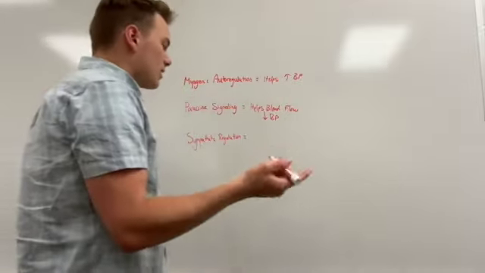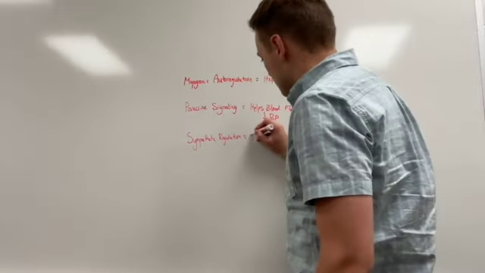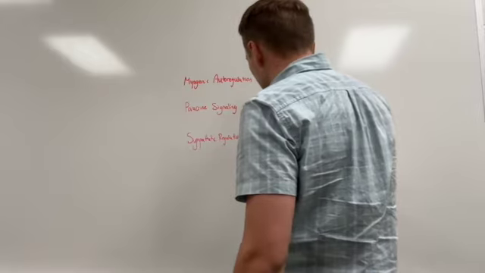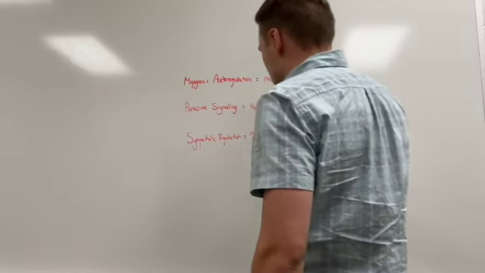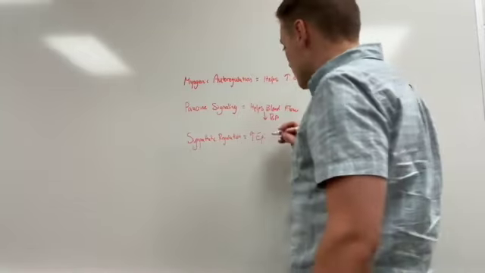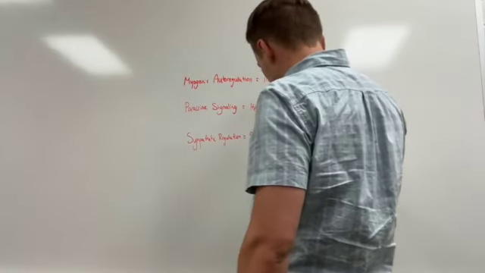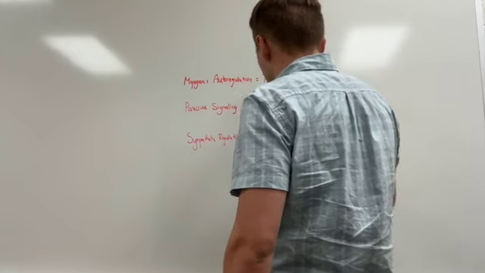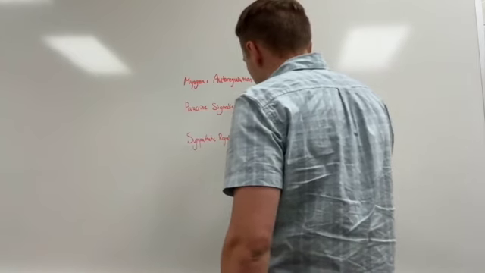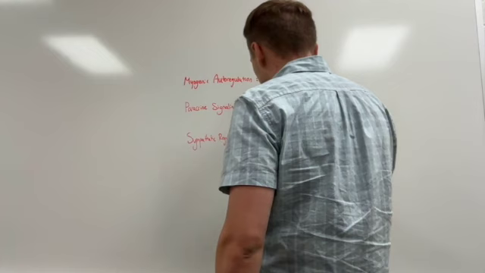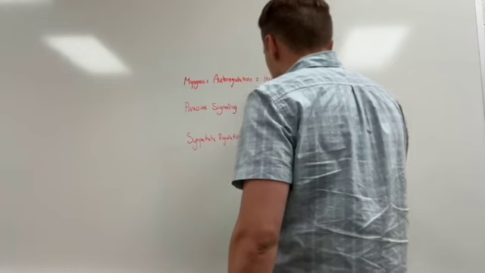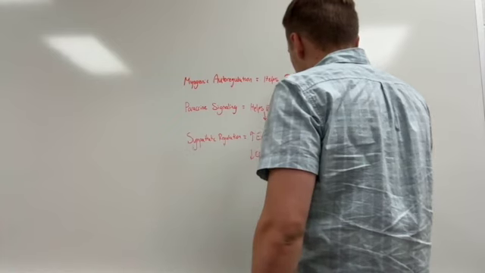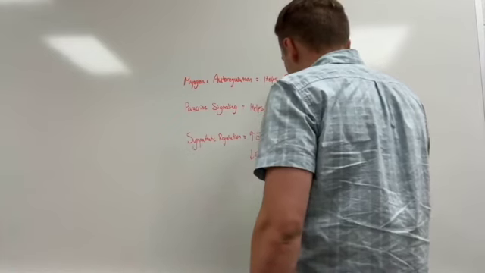So if we have high epinephrine, and this could be any catecholamine really, but if you have high epinephrine, that's going to increase blood pressure, and then if we have low epinephrine, that's going to decrease blood pressure. And in this case, this would be constriction, and this would be dilation.